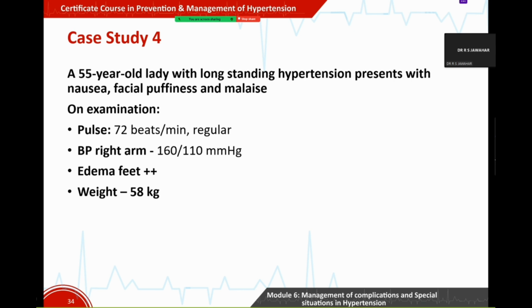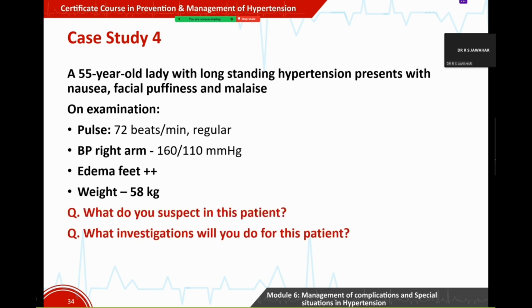So the pulse is 72, blood pressure is high, 160 by 110, edema of feet present, weight 58 kgs. So edema of feet present, nausea, facial puffiness. So she must be in CKD, chronic kidney disease. So suspect it, get the creatinine levels, get the electrolytes, get the ultrasound abdomen to know the size of the kidneys.